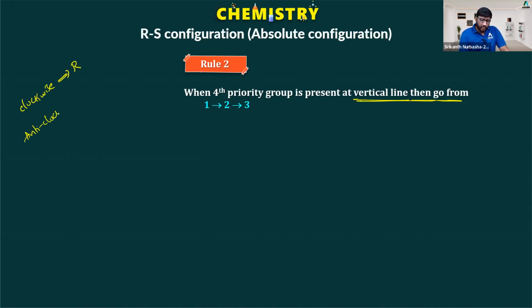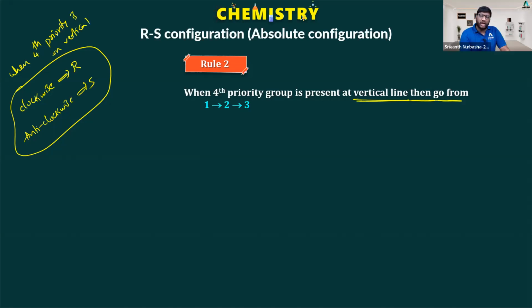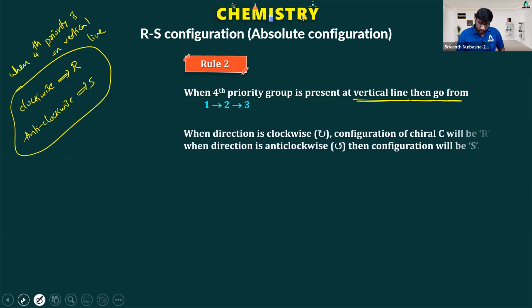Anti-clockwise means S. This is when the fourth priority is on the vertical line. If it is on the horizontal line, exactly reversed. If it is on the horizontal line, clockwise will be S, anti-clockwise will be R. Okay.